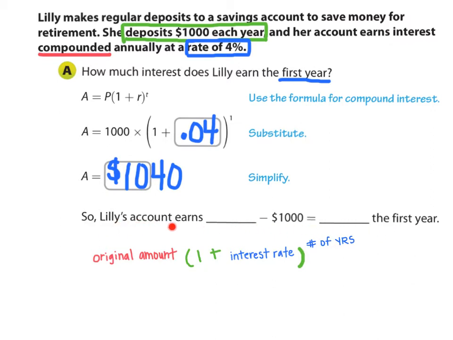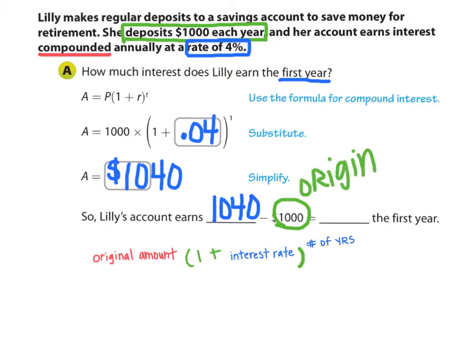We take the amount of money that we just found out, $1,040. We subtract the original amount, and that's going to give us the amount of interest only that the person earned during the first year.